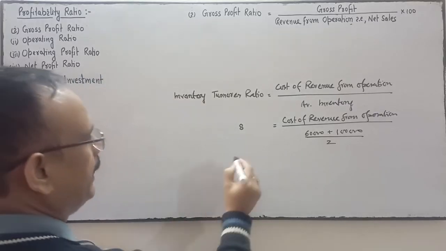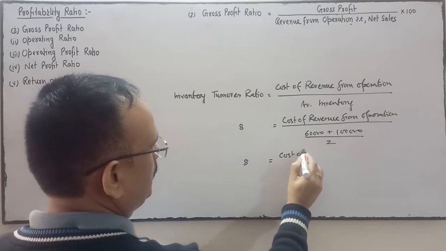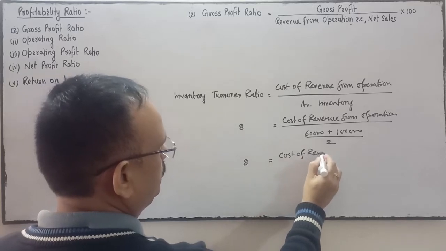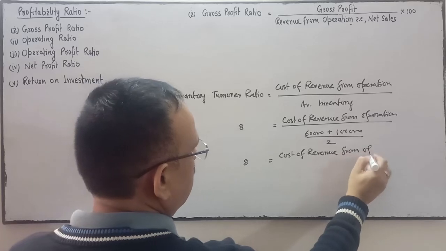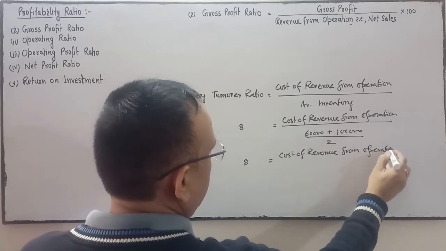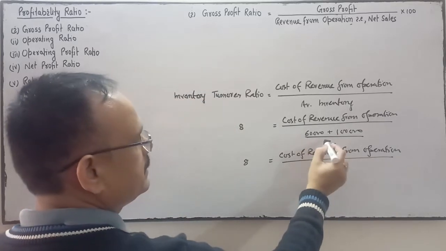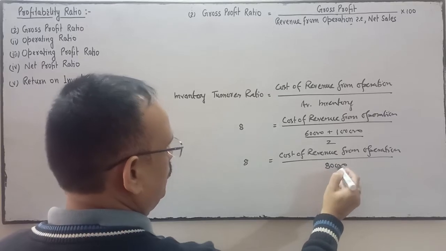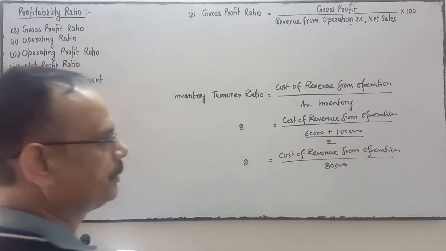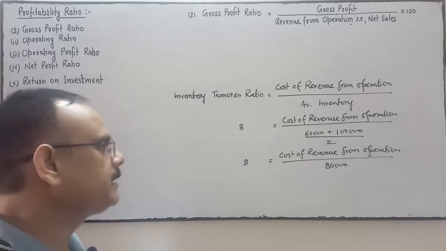So 8 is equal to cost of revenue from operation upon 1 lakh 60,000 divided by 2. So 1 lakh 60,000 divided by 2 is 80,000.